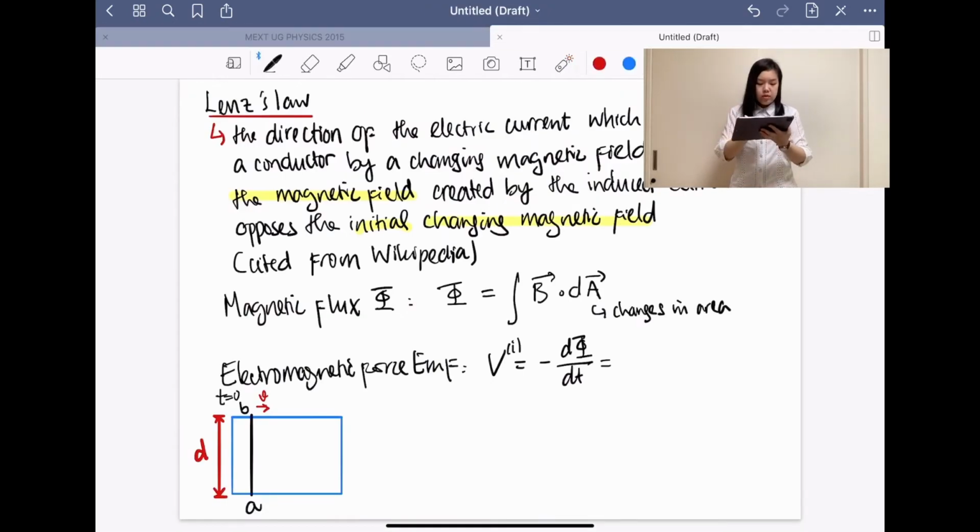From this picture, just now we have the magnetic field going up like this. So now the induced one will go down like this. Let's say after time t, the conducting bar arrives at this point at time t. So this is the area covered.